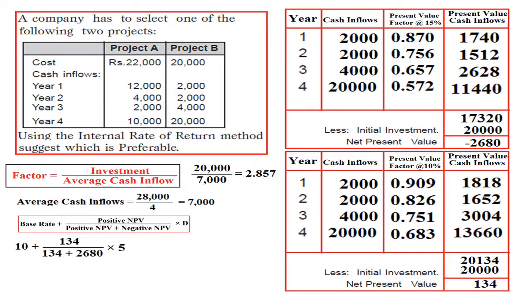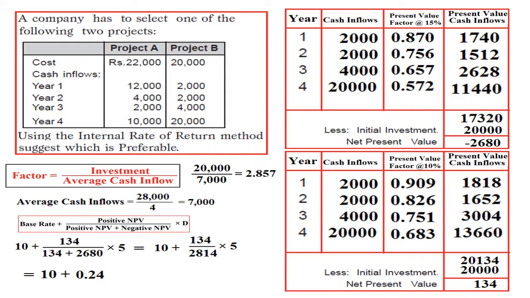Base rate is 10%, positive NPV is 134 divided by 134 plus 2680, directly plus, no minus symbol. Ultimately it should be summation, into 5. 5 is the difference between 10 and 15, right? So simplify the equation, you will get 10 plus 134 divided by 2814 into 5.